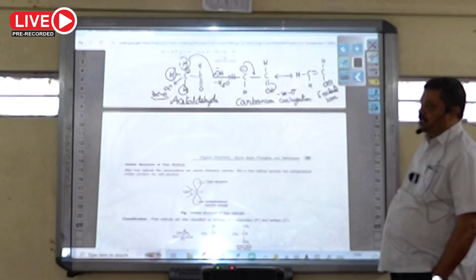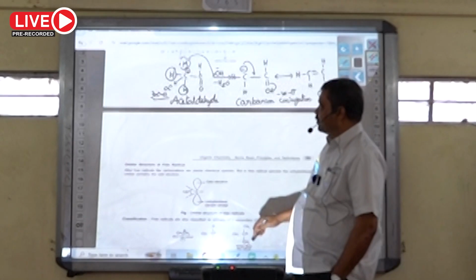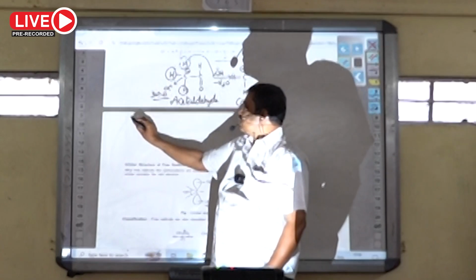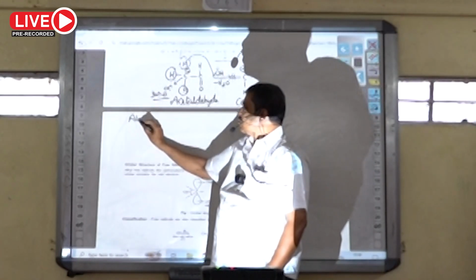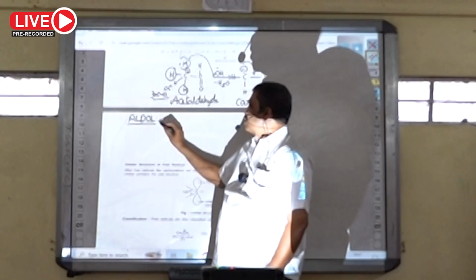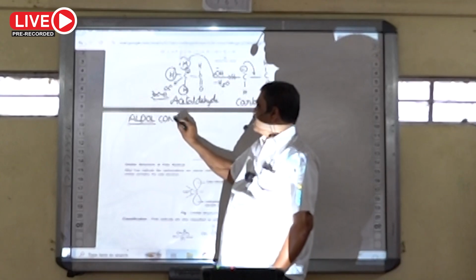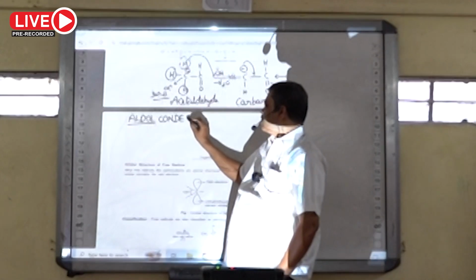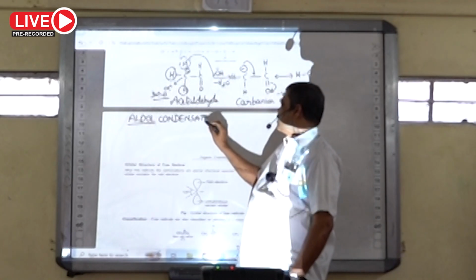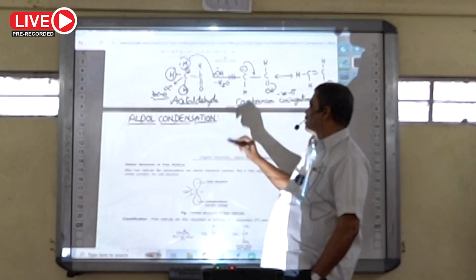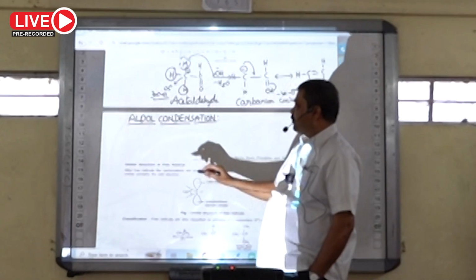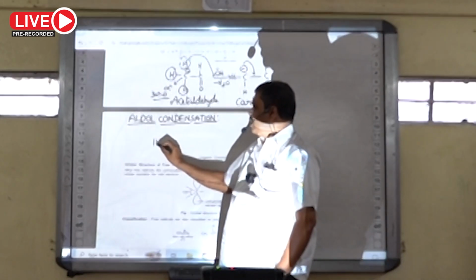Now the carbanion generated in the first step in aldol condensation attacks the acetaldehyde molecule.